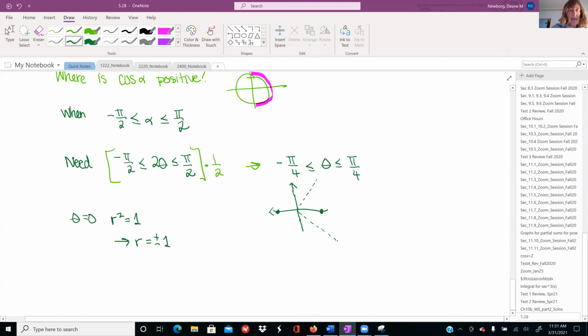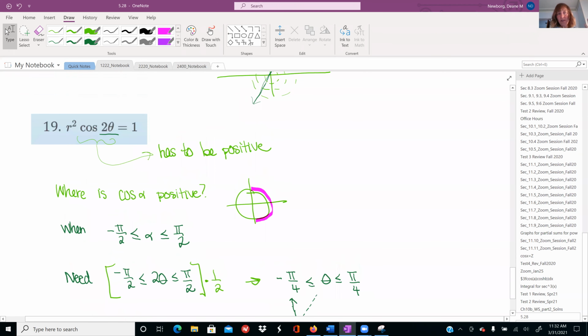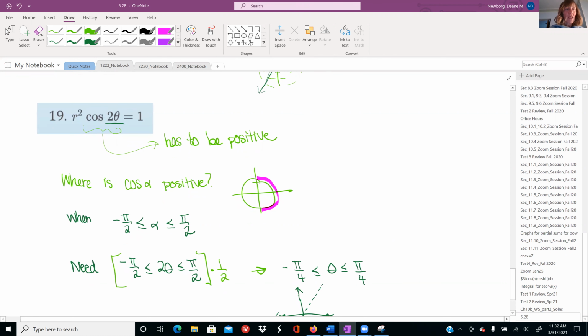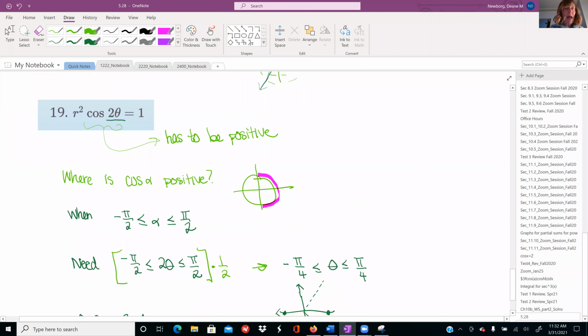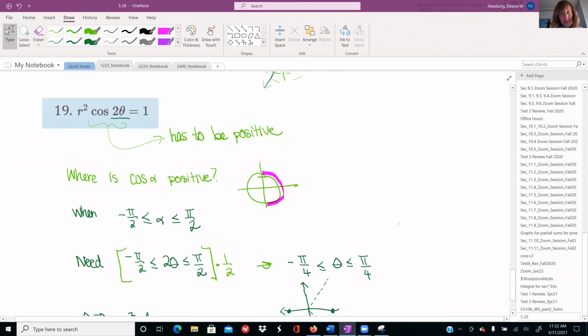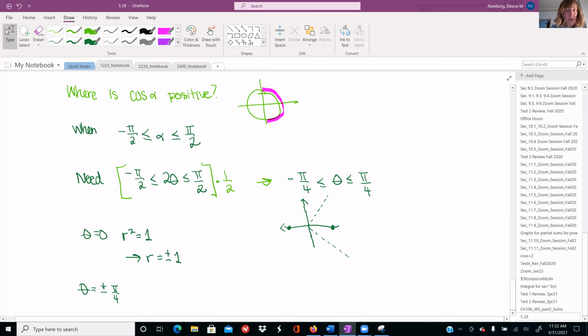Okay, I'll see what happens if I plug in pi over 4. And actually, it doesn't matter whether you use positive or negative, because remember, cosine is an even function. So cosine of a positive number is the same as cosine of the negative of that same number. So you get the same answer for both plus and minus. So if theta is pi over 4, 2 times pi over 4 would be pi over 2.